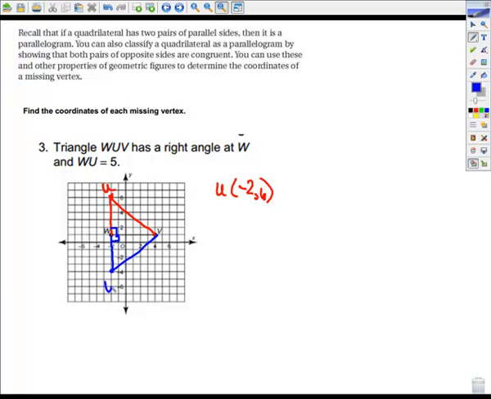So my coordinate of U could be -2, 4. So this is two possibilities here. So this is find the coordinates of each missing vertex. So you could be here or here.